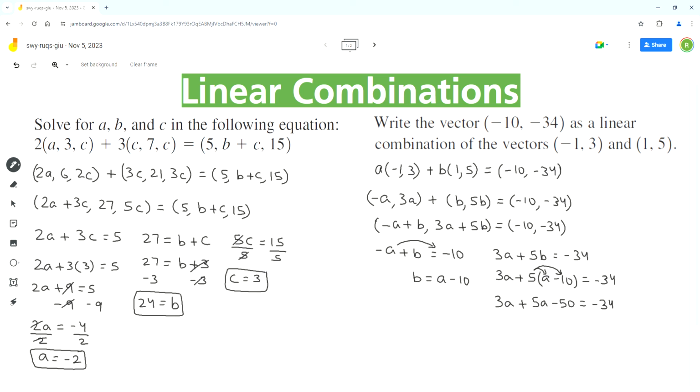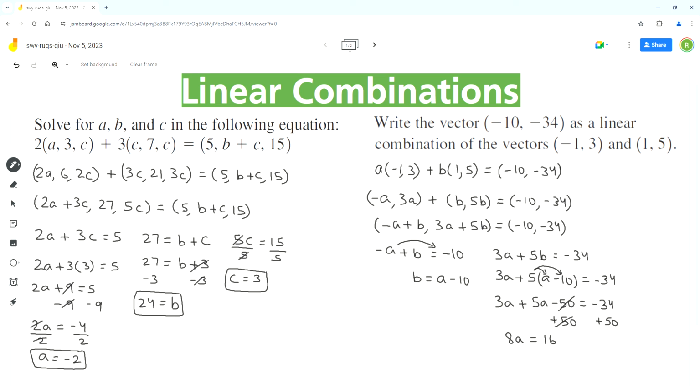Now we can add 50 to both sides. And 3a plus 5a is equal to 8a. And on the right side, negative 34 plus 50 is equal to 16.